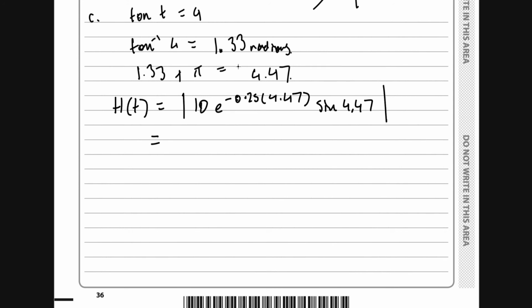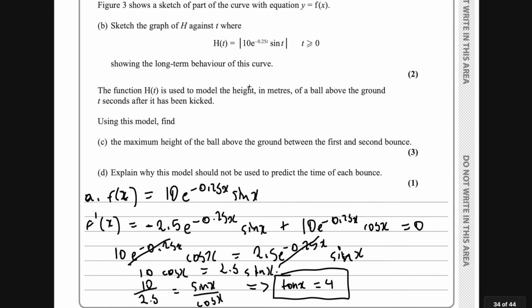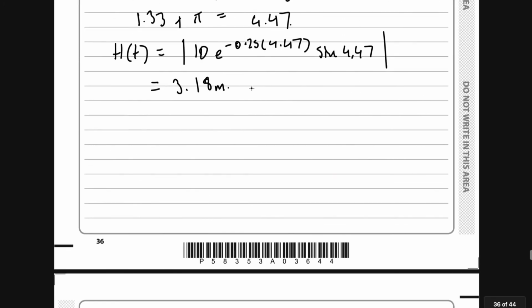And what we get is a value of 3.18 meters. Okay, and I'm just going to check that it is meters. It doesn't make clear that it's meters, so I'm just going to go ahead and get rid of that there, and just keep the height as 3.18. And that there is the answer for question number 12.